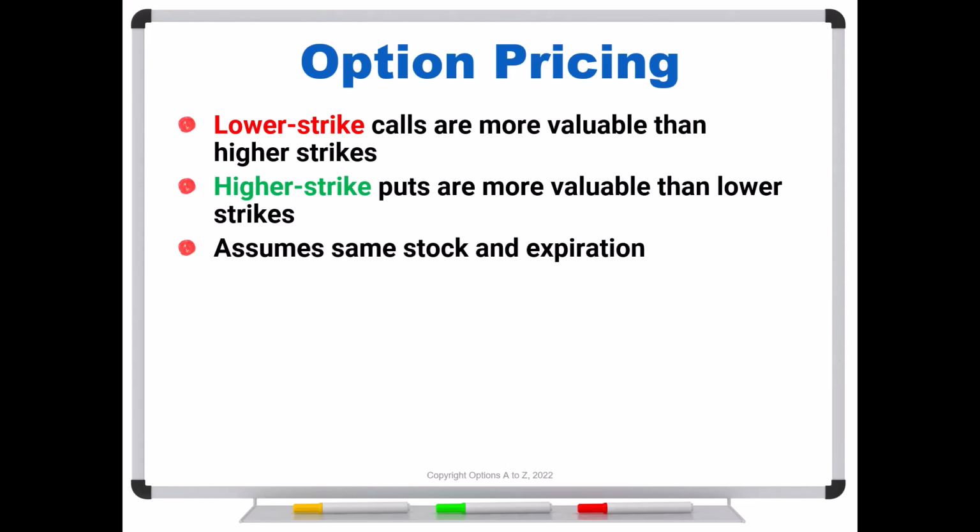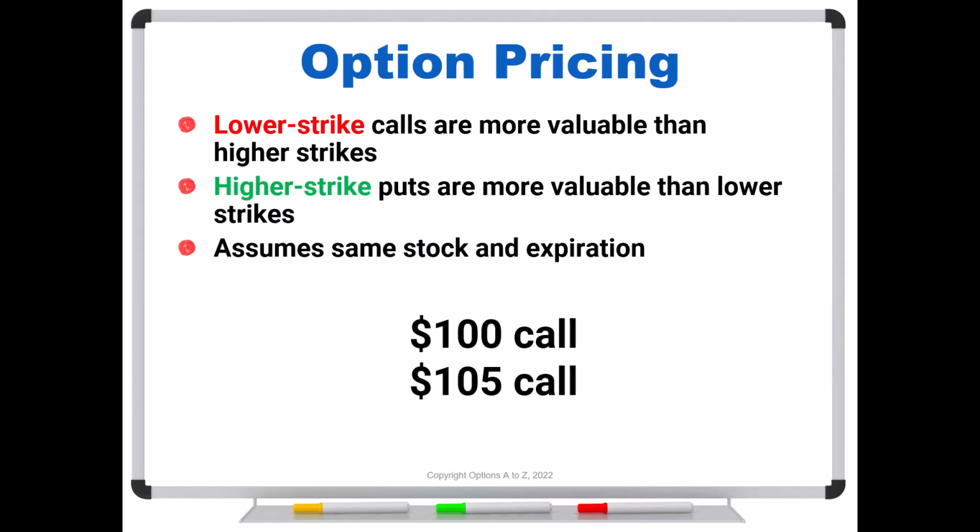So for instance, let's say that we have a $100 call and a 105 call for January. Well, the lower strike is the $100 call. So why is that one more valuable? Because traders recognize that both options cover the same period of time, the same stock.